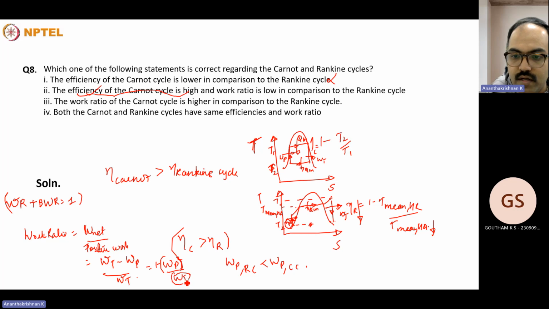Because of that, this particular term will be lower and the efficiency increases. So sorry, the work ratio increases for the Rankine cycle compared to the Carnot cycle.